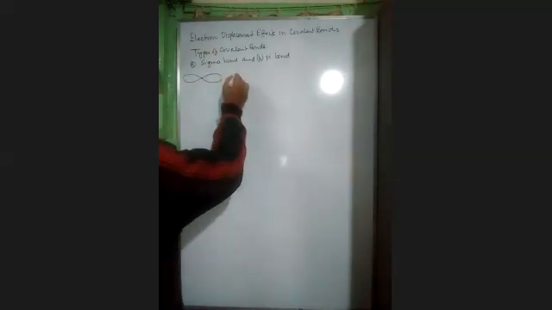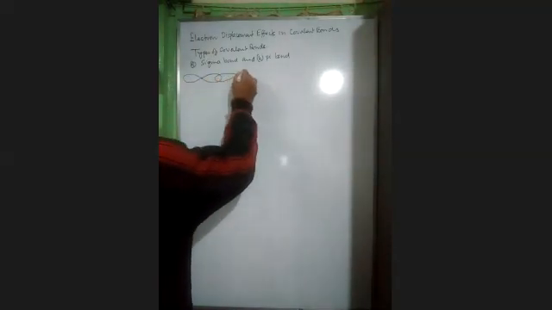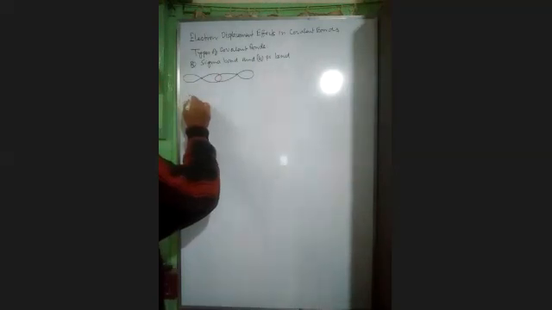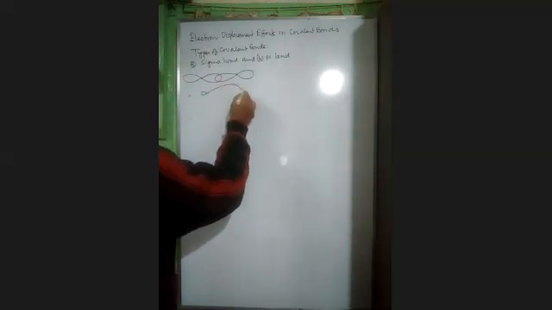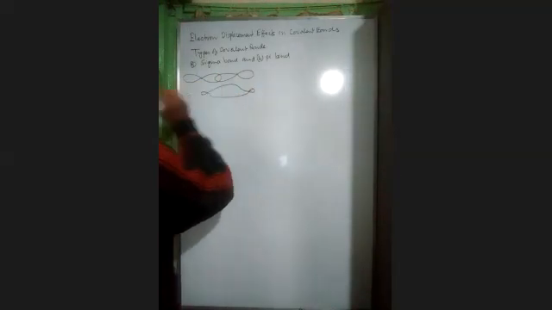Sigma bonds are being formed by the head-on overlap. Okay? So it is like this. This is the way you get. This is the sigma bond.